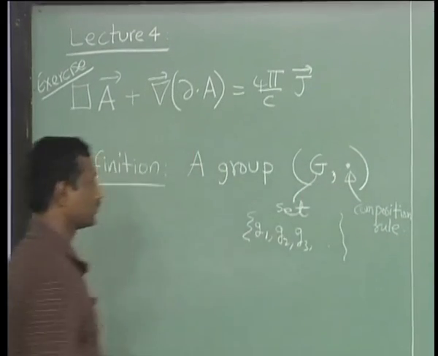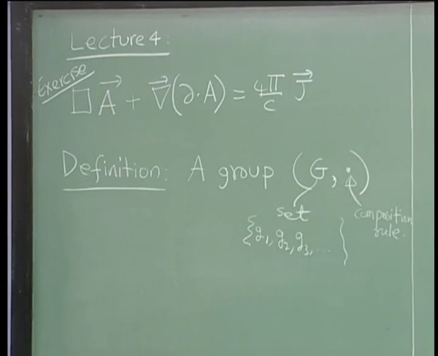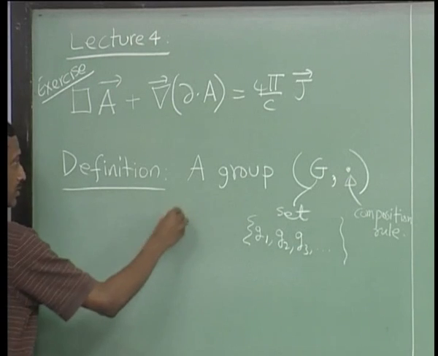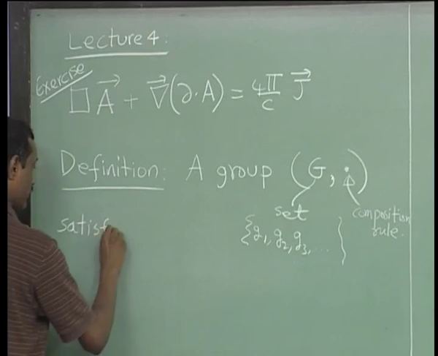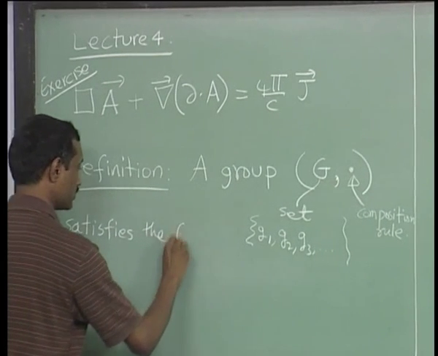A group consists of these two things, and a group G satisfies the following conditions.